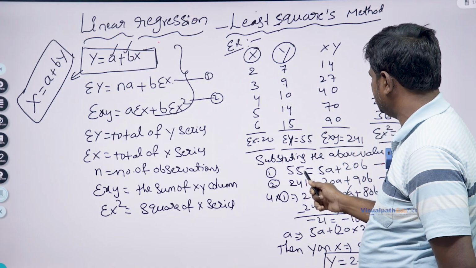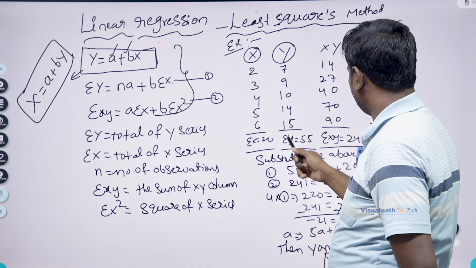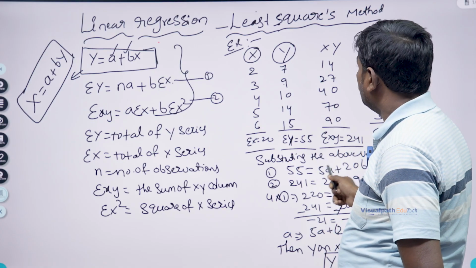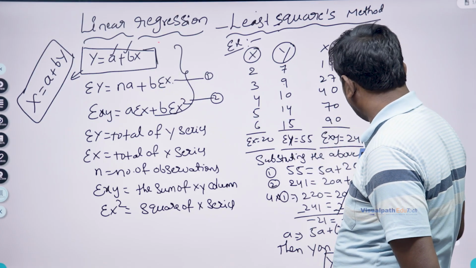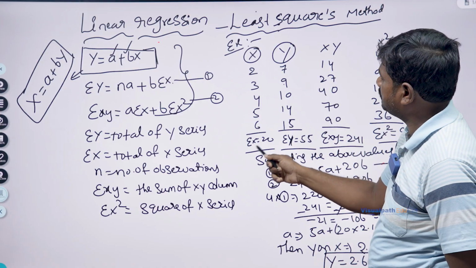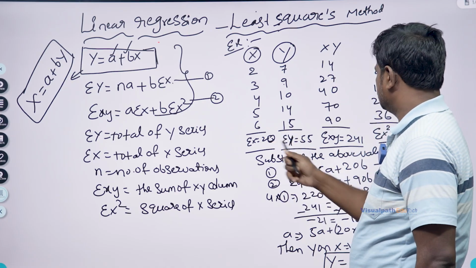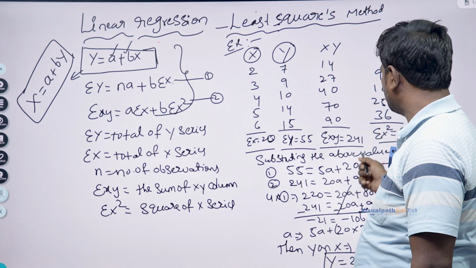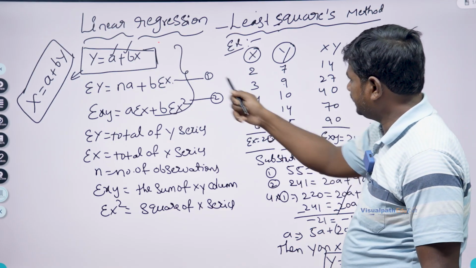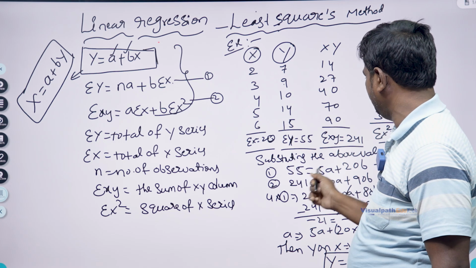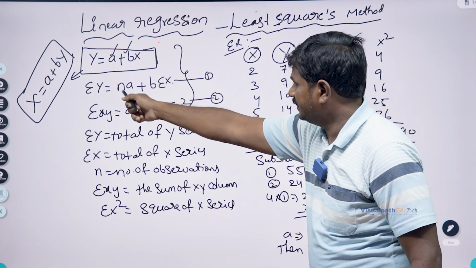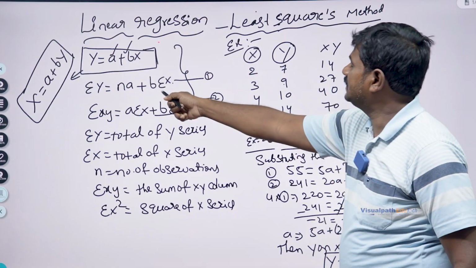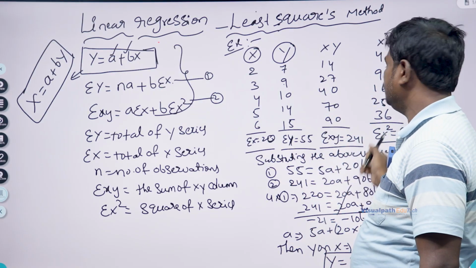Here n, the number of observations, is 5, so it is 5a plus b sigma x, and sigma x we already calculated is 20. So the first equation is 55 is equal to 5a plus 20b.